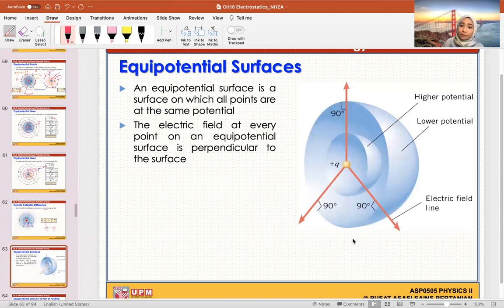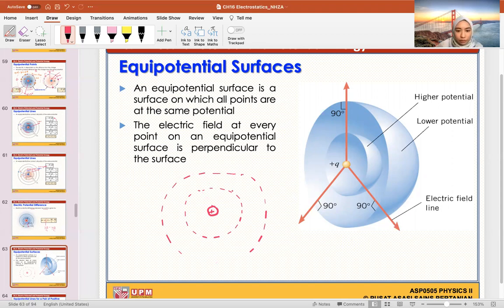Then we have equipotential surface. Just now we talked about a dotted circle. Now we are talking about a surface. Just imagine that if we have a positive source charge and this is our equipotential line, this is exactly the same thing. But now you imagine the source charge is in a globe.